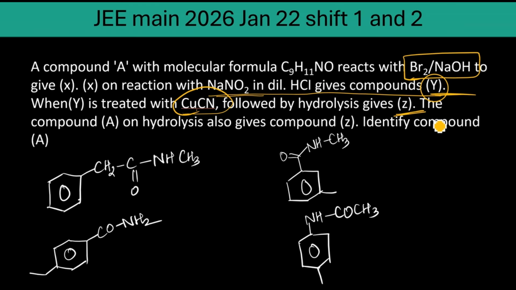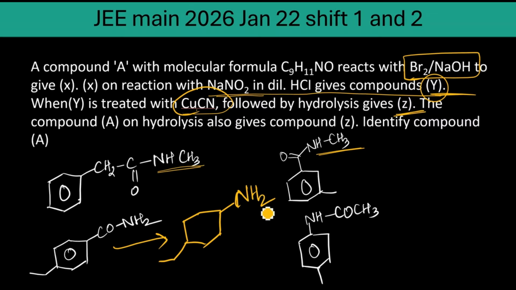It will be given by the aromatic compounds, not an aliphatic one. Let's try with this. If I have CONH2, it becomes NH2, and this becomes a diazonium salt of Y. Y is treated with CuCN, which will give you CN.